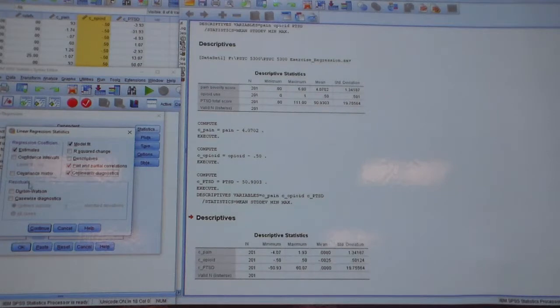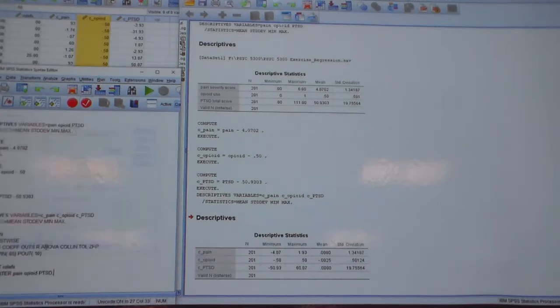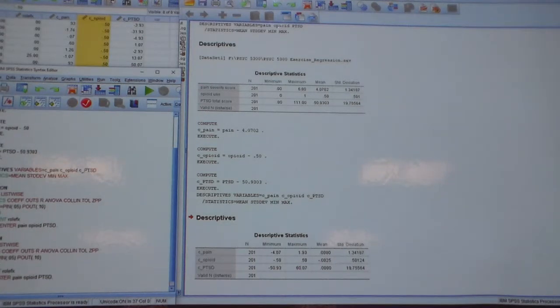We won't worry about case-wise diagnostics and things like that, because we've already taken a look and screened those data. We won't save anything here, so I'll just paste this down, okay? But then I'm going to take that model that I just produced with my uncentered variables, and I'm going to punch in my centered variables.